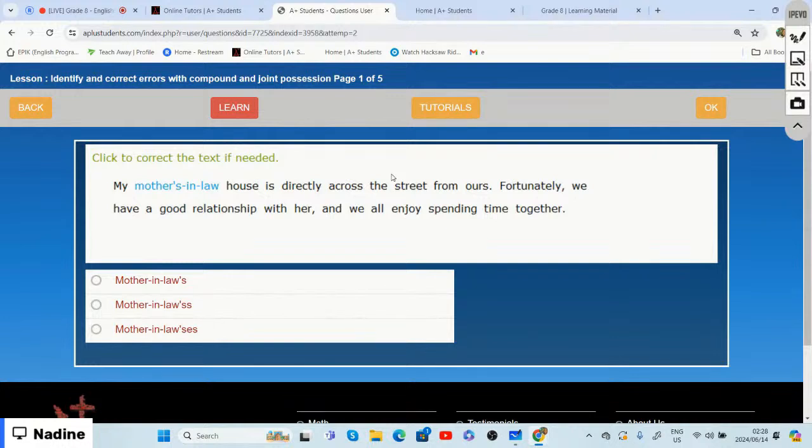And if we were to choose the correct one, we say mother-in-law's house is directly across the street from ours. Fortunately, we have a good relationship with her and we all enjoy time together. So mothers.